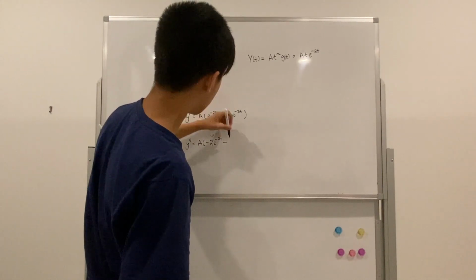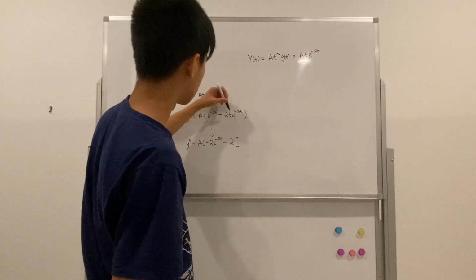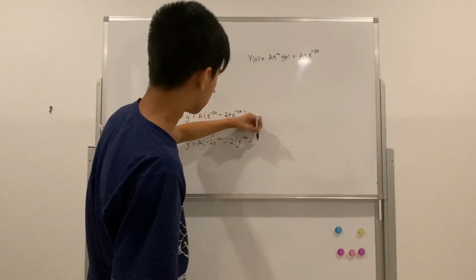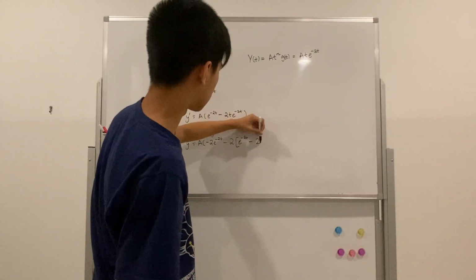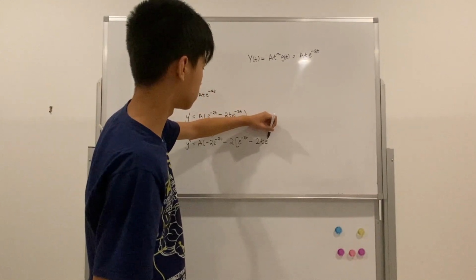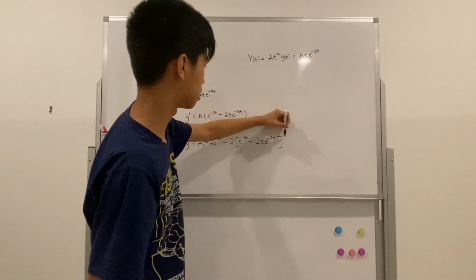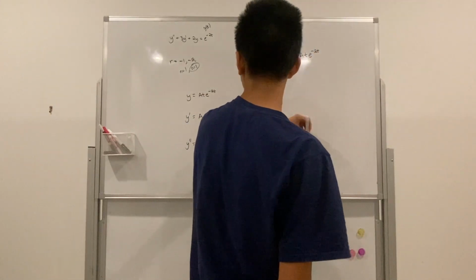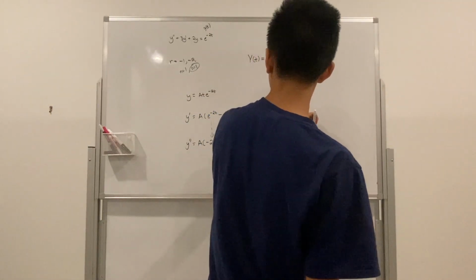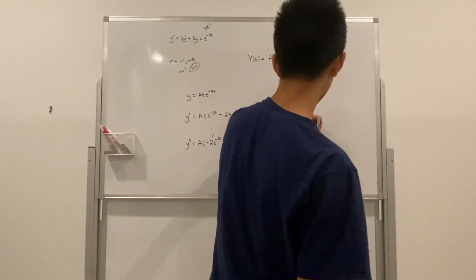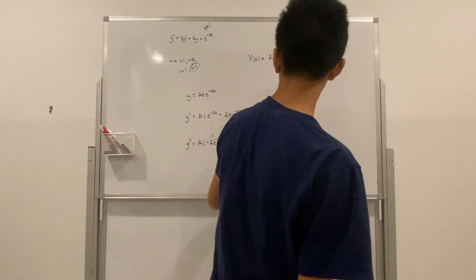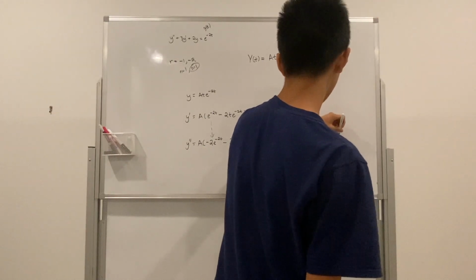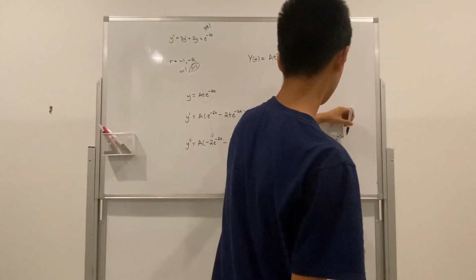This term would be -2 e to the -2t minus another 2t times -2 e to the -2t. And then if we multiply that all out, we would get A times -4 e to the -2t plus 4t e to the -2t.